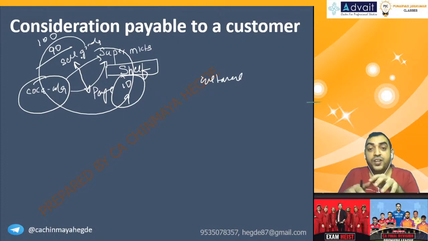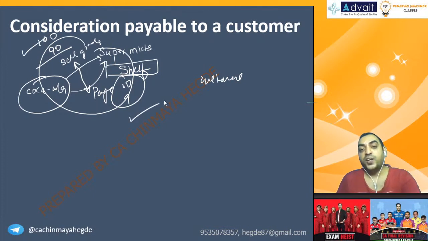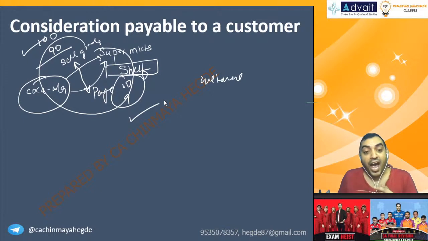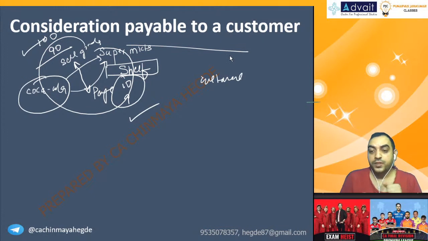When this kind of non-fair value calculation applies, then you should recognize this at fair value, this also at fair value. Basically, the sales needs to be adjusted. If there are some value adjustments between the sales and the amount payable by you to the customer, then you need to go for the adjustment. The sales should not be recognized at what is shown here, it has to be shown on a fair value basis after adjusting any expenses. So that is the meaning of consideration payable to customer.